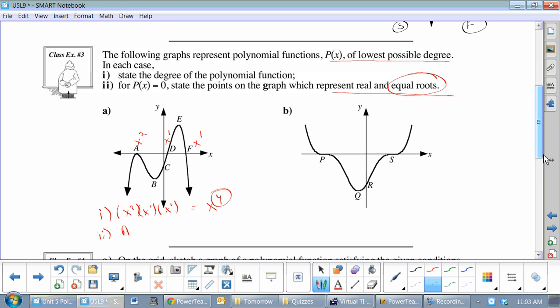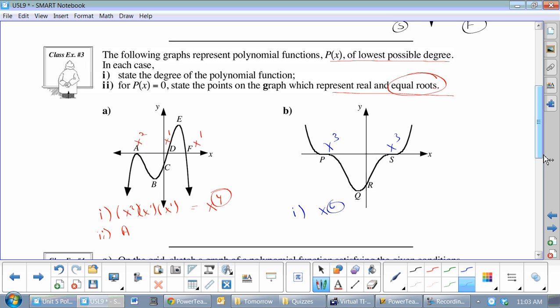Okay, look at B. What is the lowest possible degree that could make that happen at P? 3. So that's an x to the 3 at S, x to the 3. So what is the lowest possible polynomial that can make that? X to the 6, right? Or degree 6.